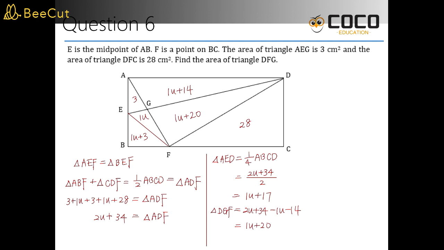Let's solve for the value of 1U. We can make use of the base ratio here. Triangle AEG and triangle FEG: you compare the area, so the area ratio equals the base ratio.